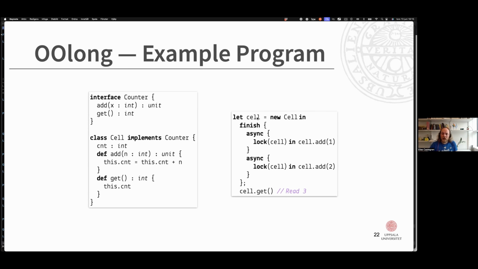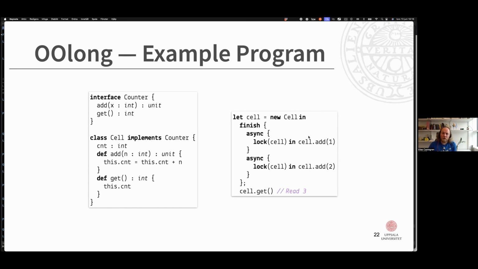We create a new cell, and then we have this concurrency construct. It's a finish async block that runs these two blocks asynchronously. They can be arbitrarily complicated expressions. And then the finish says wait for them both to finish. What this also does is that it takes locks.